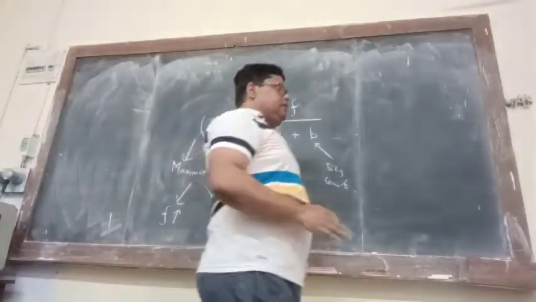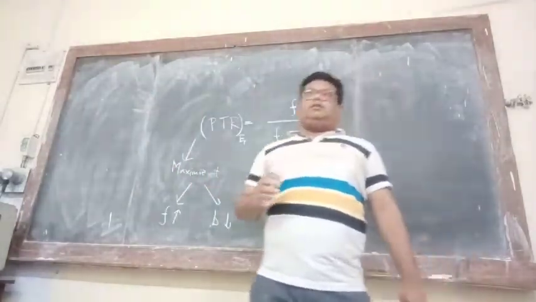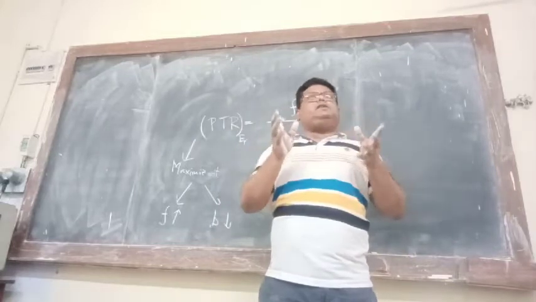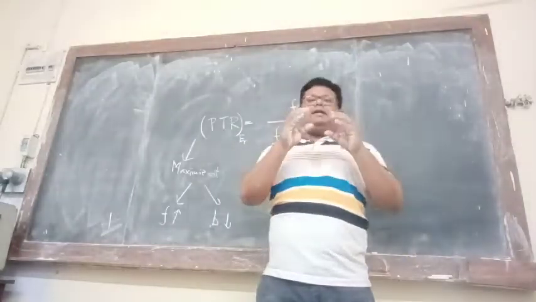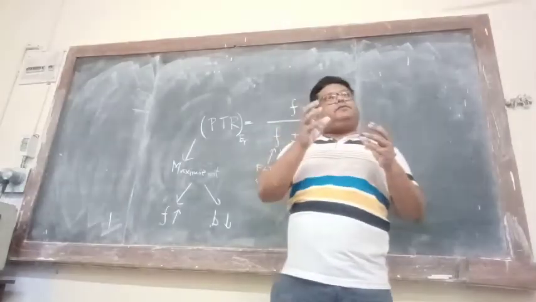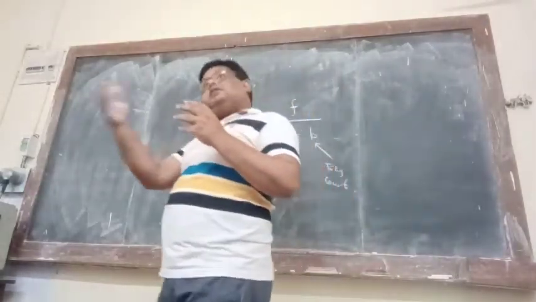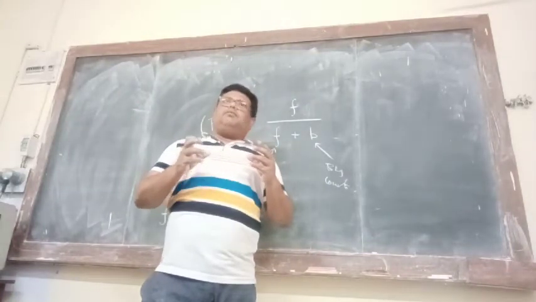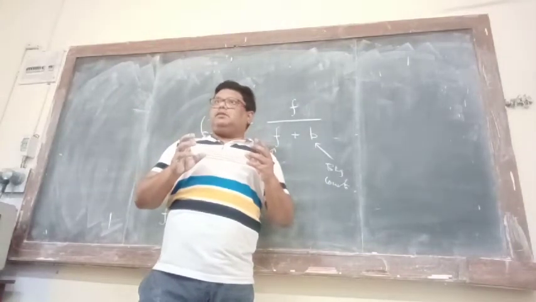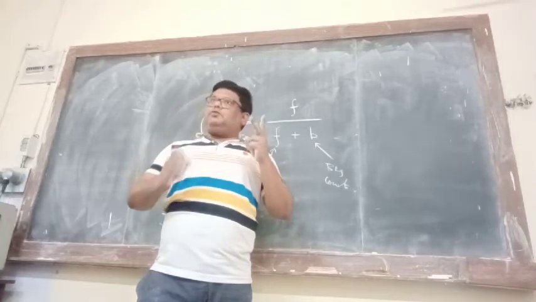How and why? Number one, technological stuff. Suppose a standard HPGe detector of 5 cm by 7 cm by 5 cm, its cost is huge, more than 10 or 20 lakhs. Now, if I want to double the size, there are two problems.